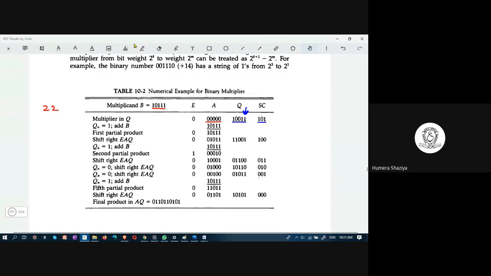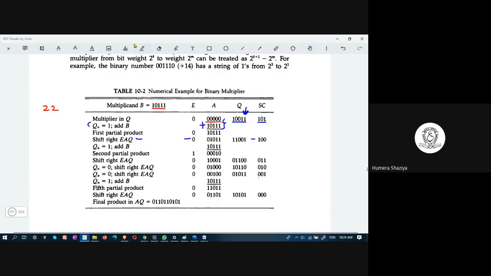Add A and B. B is 1, 0, 1, 1, 1. A is all zeros. Perform the addition. After adding, shift right EAQ and decrement SC. 3 operations are done: this is add, this one is shift, and then the sequence counter decrement.